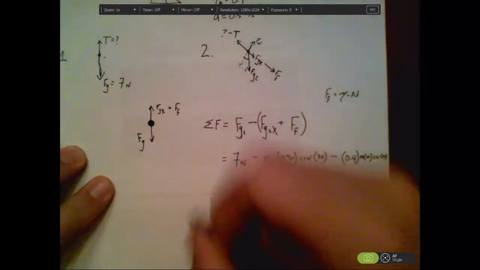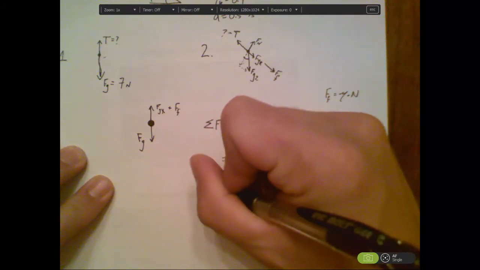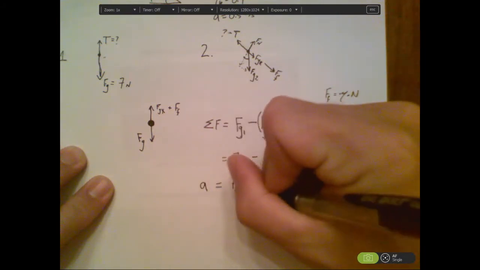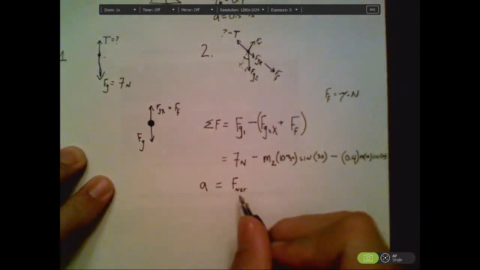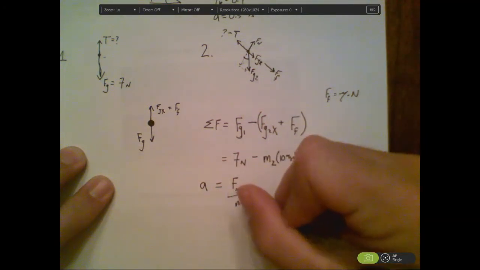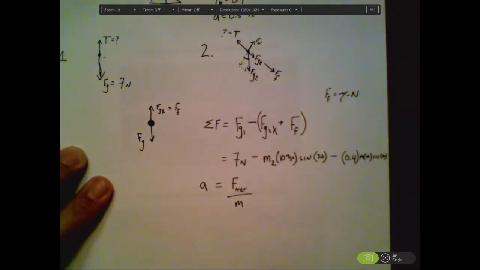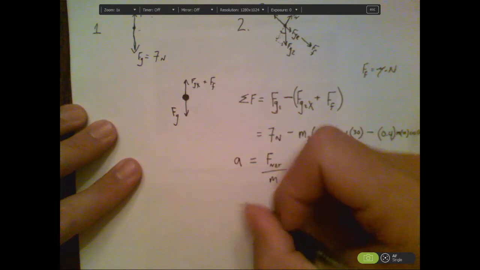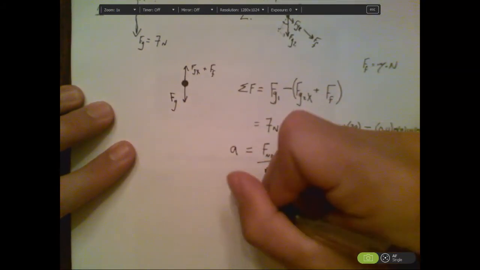So now we can use Newton's second law, which says acceleration is directly proportional to the net force and inversely proportional to the mass. We can think about this just like we did with the problem on the board that we also worked in class.